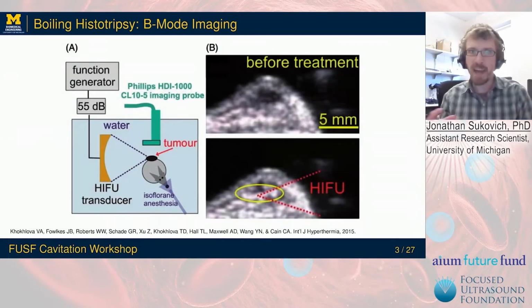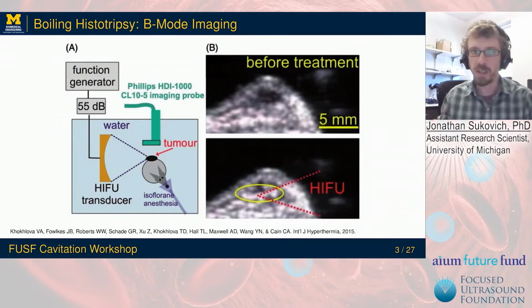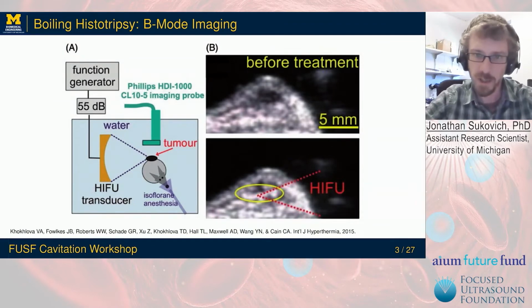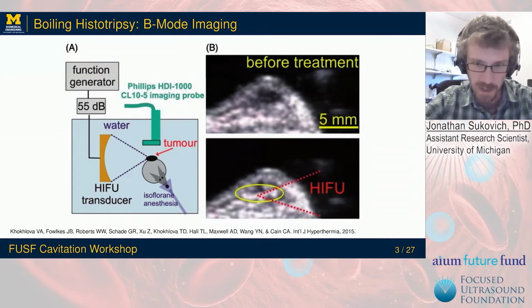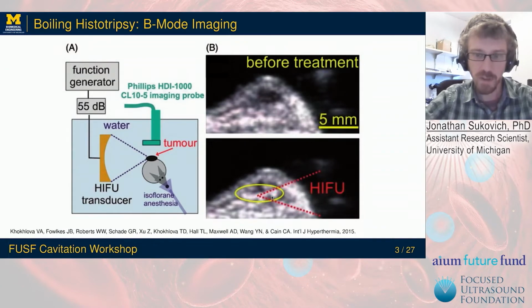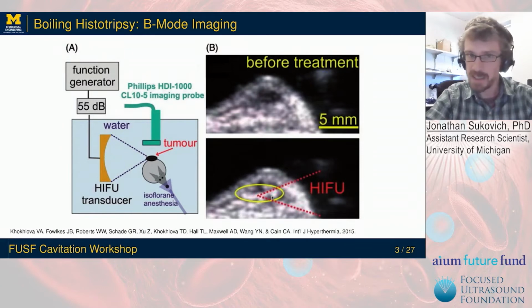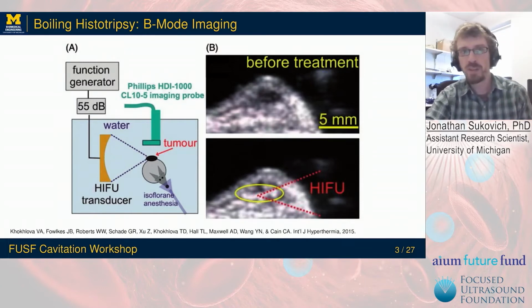As far as active methods go, B-mode imaging is really great for imaging histotripsy-generated cavitation events because the cavitation events are really good scatterers of incoming ultrasound. And so you get these really bright, nice regions of bubble activity in these B-mode images that are just really easy to see. A lot of groups have demonstrated that.